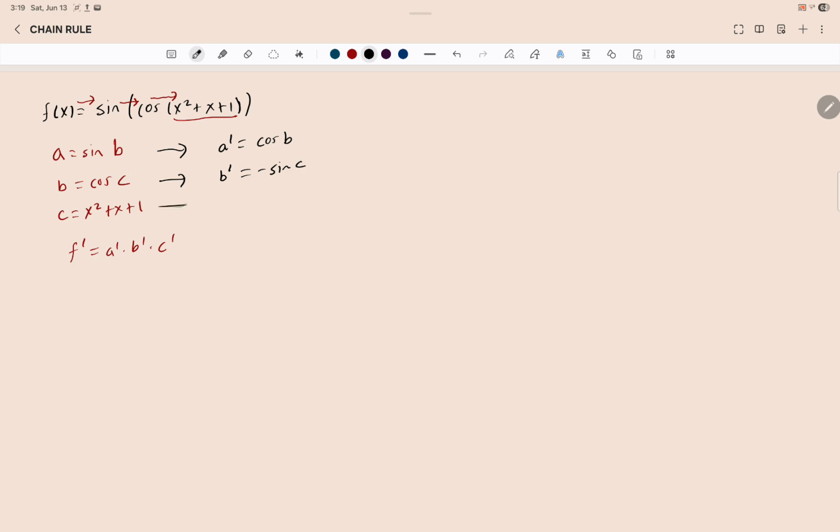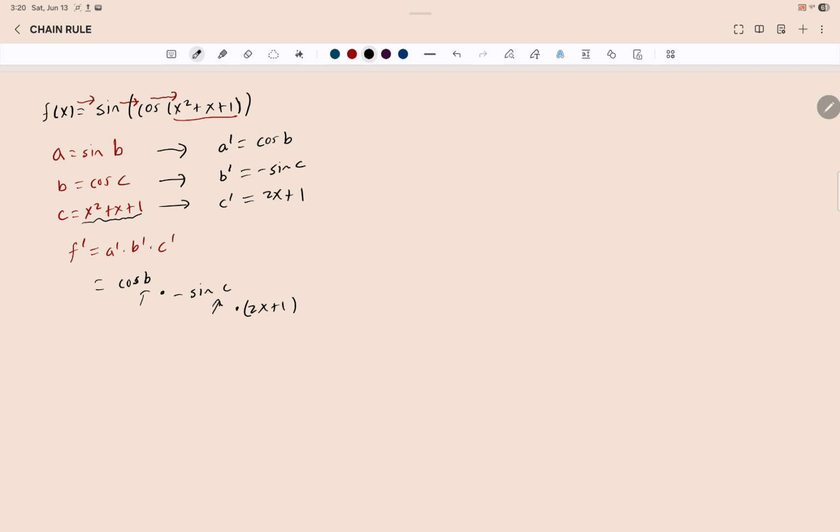Then the derivative of c, we differentiate each term, so we get, not x squared, 2x plus 1. Cool. Piecing this together, I have cosine of b times negative sine c times 2x plus 1. But again, there is a problem. I have b's and c's, but the original variable was x.